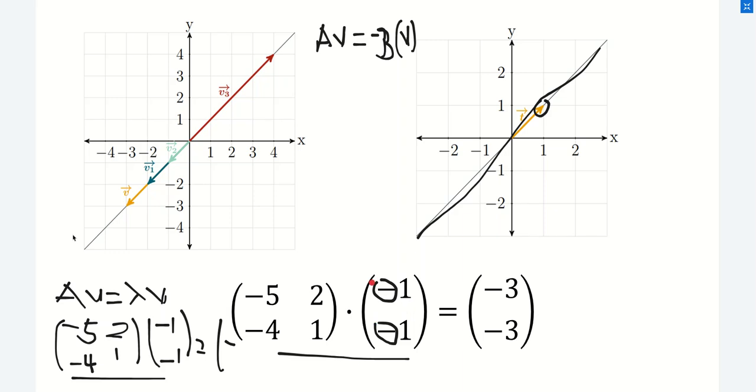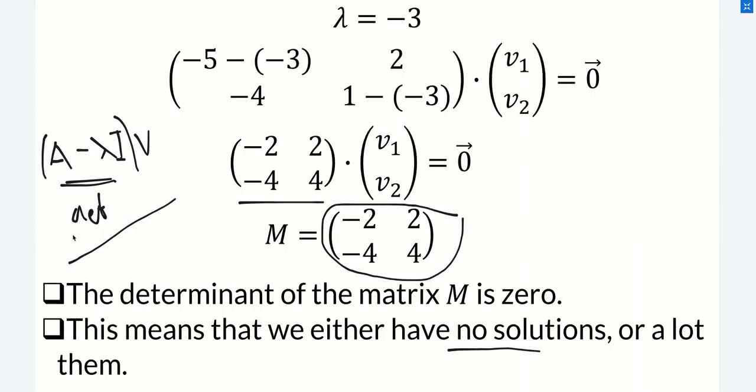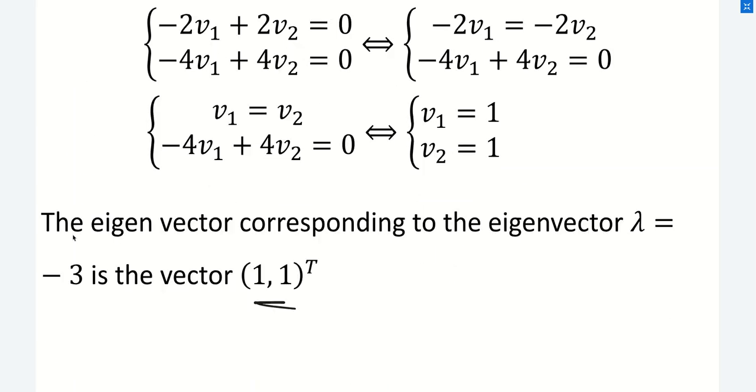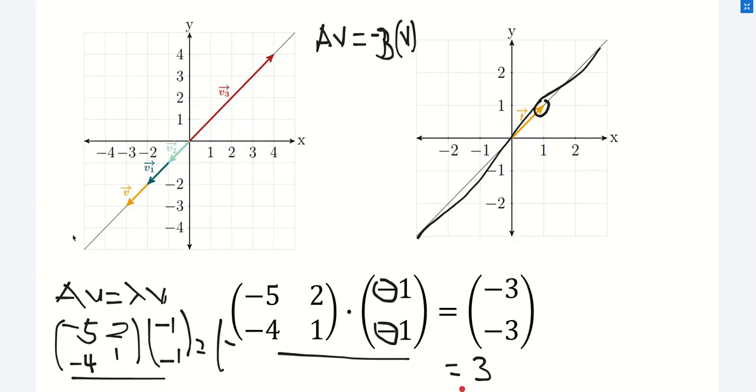So it's trying to tell you that this vector, we had the eigenvalue to be -3. Then we have 1, 1 here.